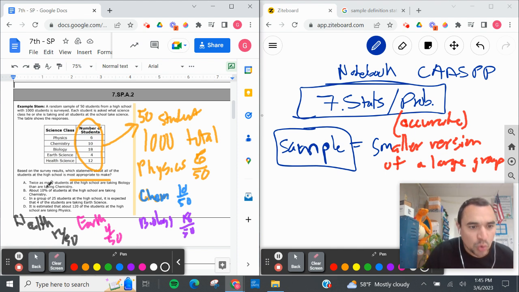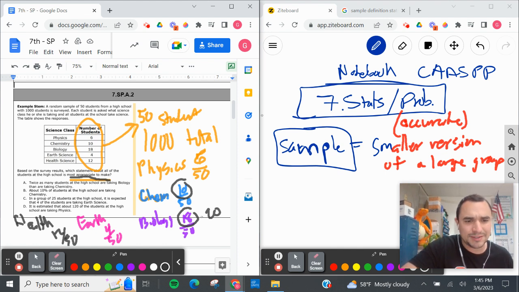So twice as many students at the high school are taking biology than taking chemistry. So which statement about all of the students is most appropriate to take? What is the best example? Twice as many students taking biology than chemistry. Well, here's biology and here's chemistry. That would be 20.